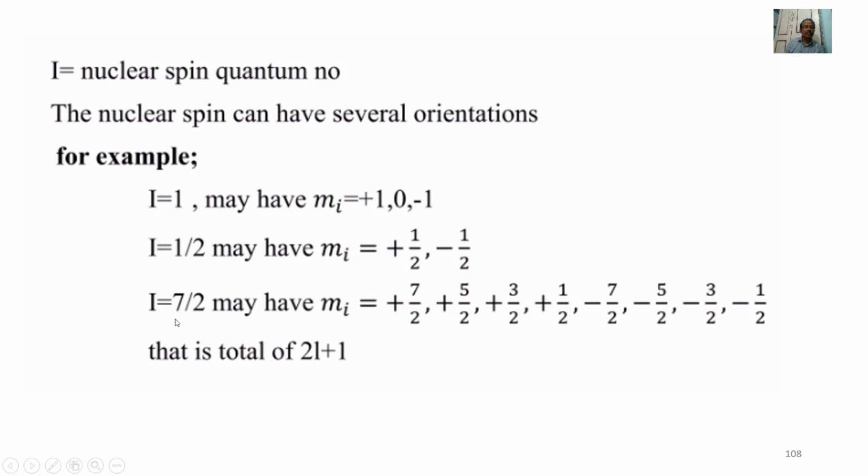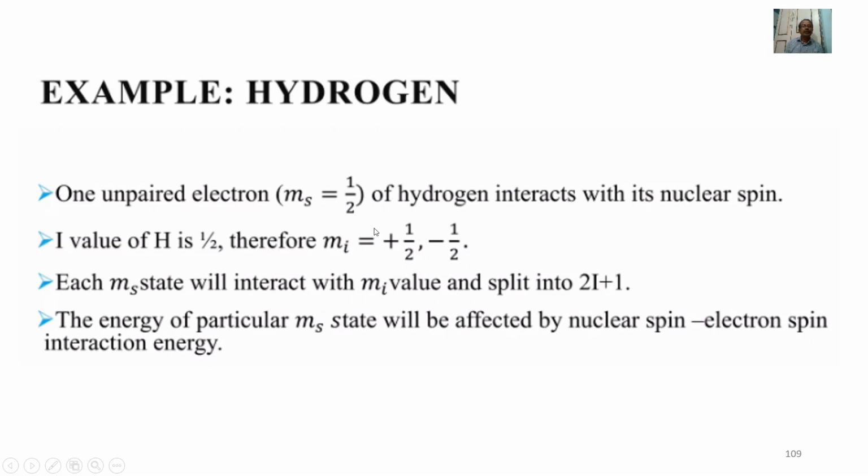Suppose you take I equals 7 by 2, then substitute in 2I plus 1, instead of I, you just substitute 7 by 2. We'll have 8 values. So Mi goes from plus 7 by 2 to minus 7 by 2. For example, we will take hydrogen as an example.